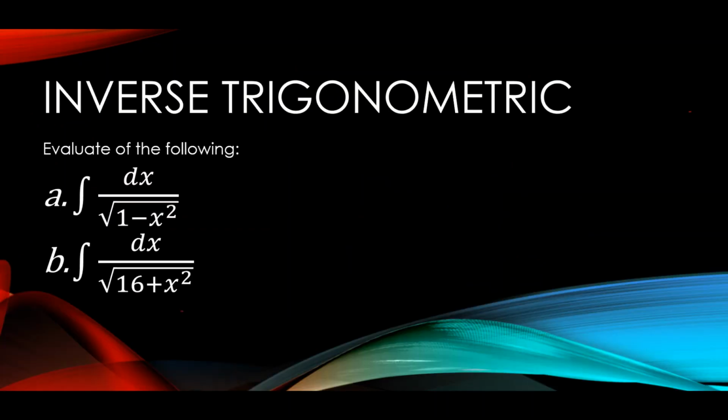The integral of dx over the square root of 16 plus x squared. Okay, so let's try to write this one. Example letter B is equal to the integral of dx over the square root of 16 plus x squared. So, ito, 16 is a perfect square.